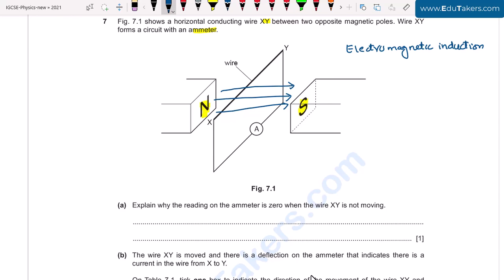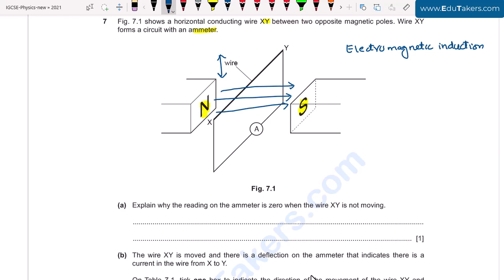And let's suppose that the wire is moving up and down. Then this wire cuts the magnetic lines of force at some point. It means that the magnetic lines of force are changing there. But when the wire XY is at rest, then there will be no cutting of magnetic lines of force, which means that there is no magnetic field changing.